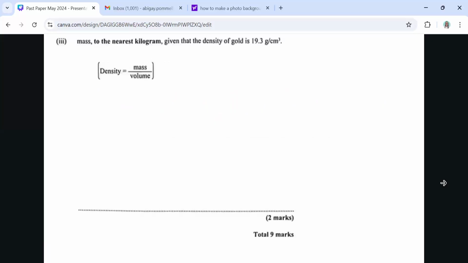All right. We're going to find the mass to the nearest kilogram, given that the density of gold is 19.3 grams per centimeter cubed. So they gave us the formula here, so we don't have to run through our memory to find it. So we're finding the mass.